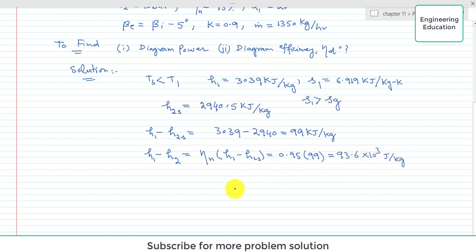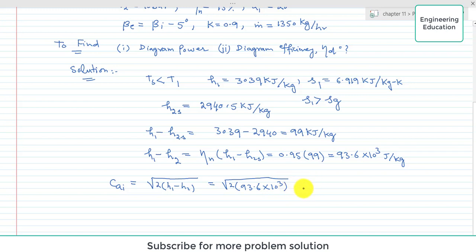Now to find the value of CAI, which is the absolute velocity at inlet. From the nozzle analysis study, we know that it is equal to the square root of 2 into H1 minus H2. So putting the values, square root of 2 into 93.6 into 10 raised to power 3.